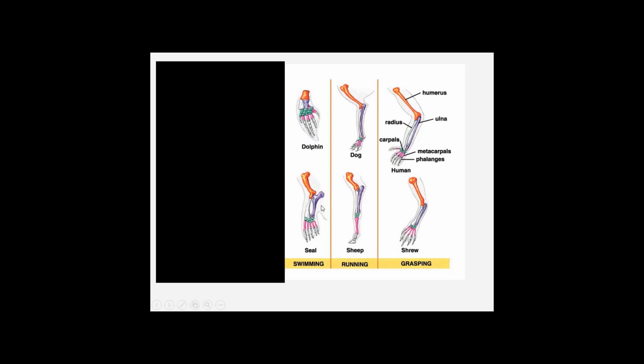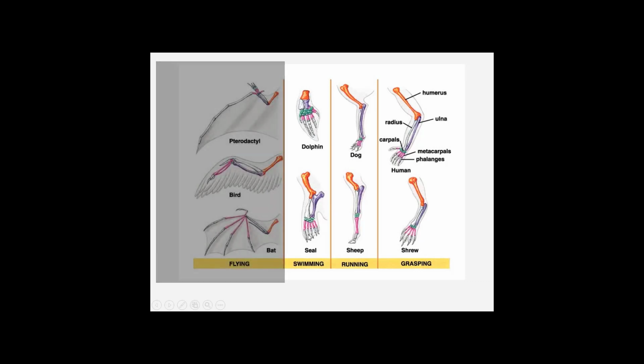If we look in the limb of a seal, again, we see similar characteristics, which really make those limbs best suited for swimming. So the limb of a seal would be very similar in function to, say, the wing of a penguin. We can even take a look at adaptations for flight.